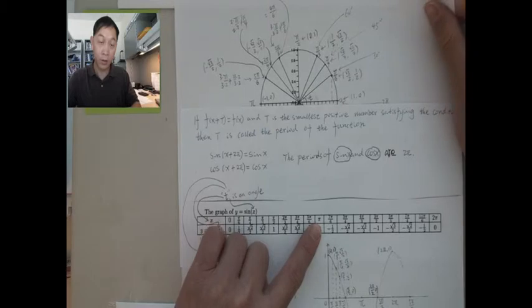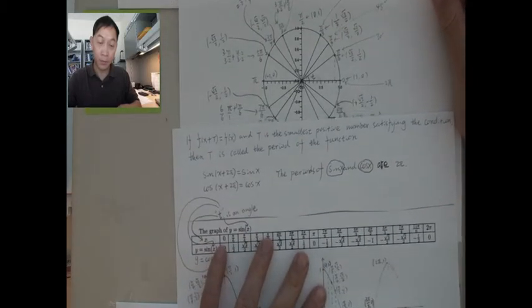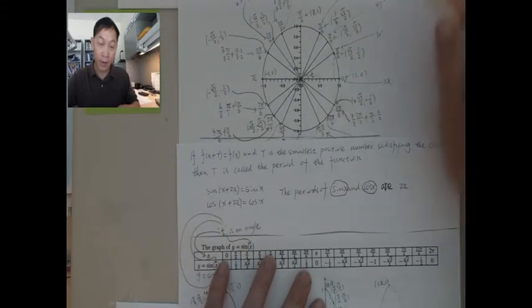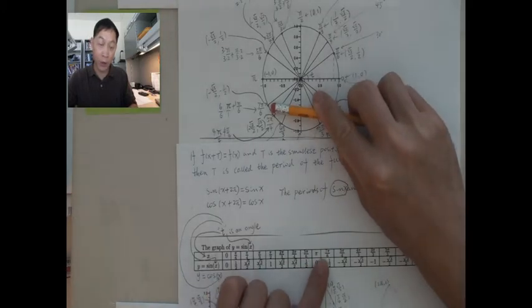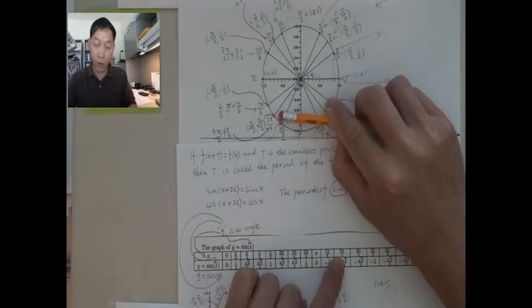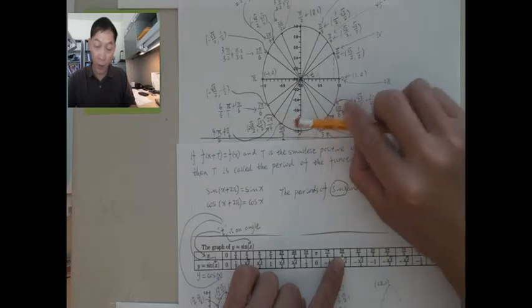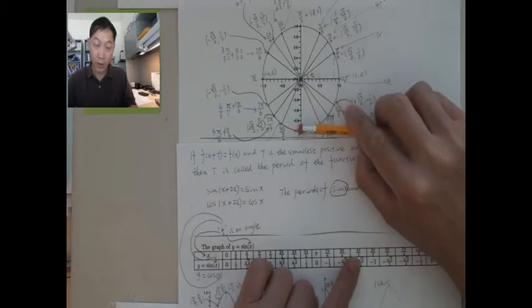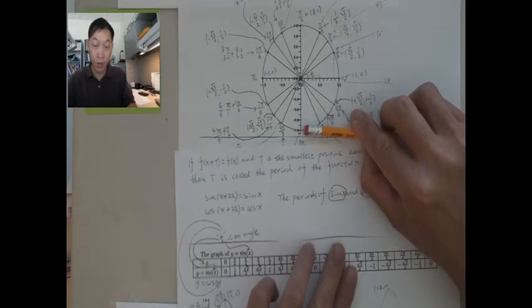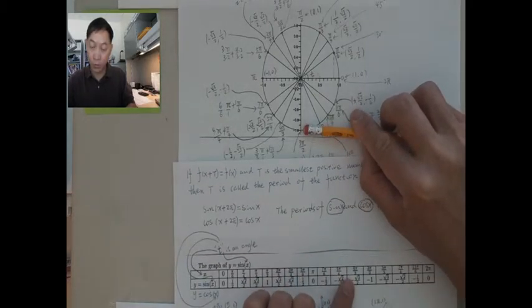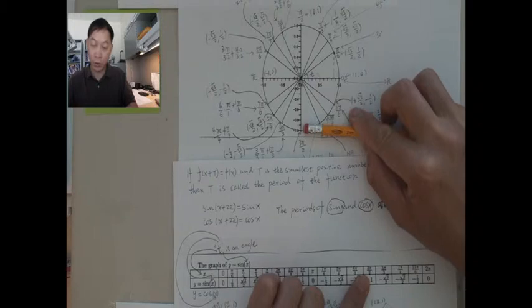Okay? Keep going. Now, then here I have a 7 pi over 6, 5 pi over 4, and then 4 pi over 3, and here is 3 pi over 2.